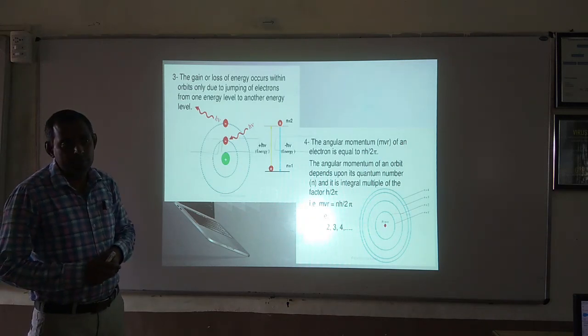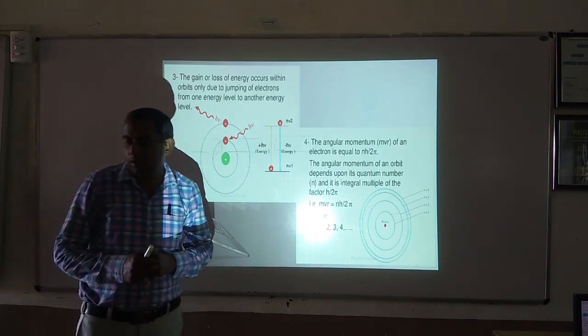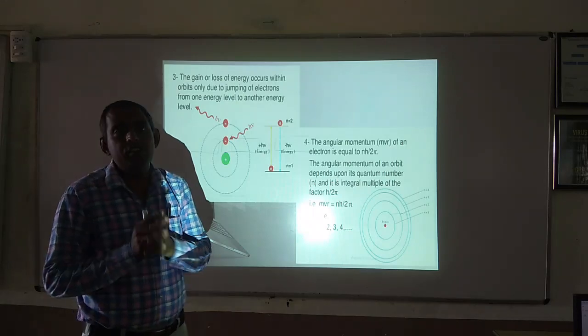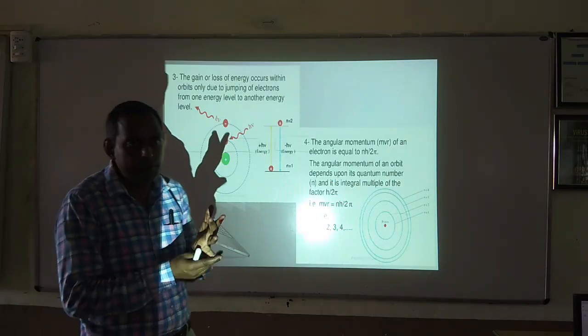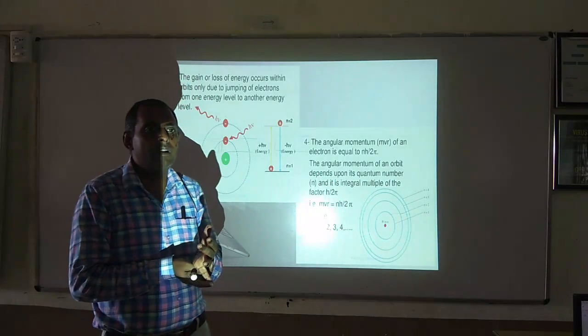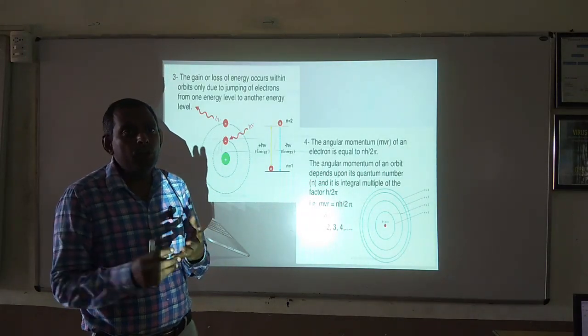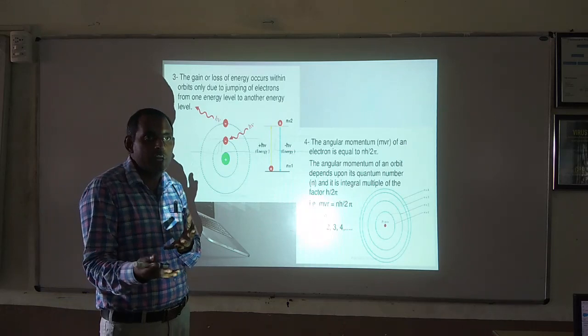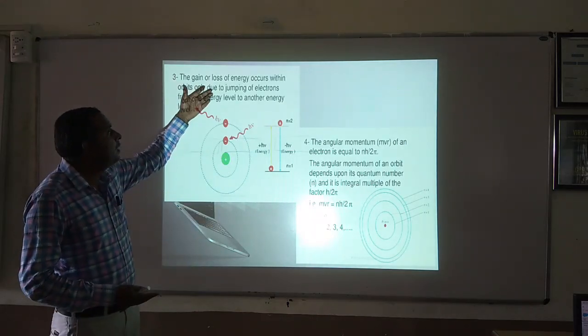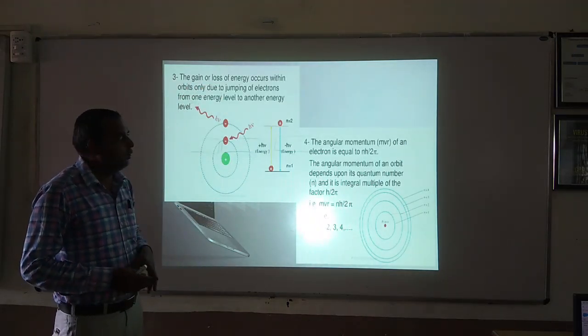What happens if an electron is given extra energy, in the form of thermal or electrical energy? That electron will get some extra energy to jump from one orbit to another orbit.